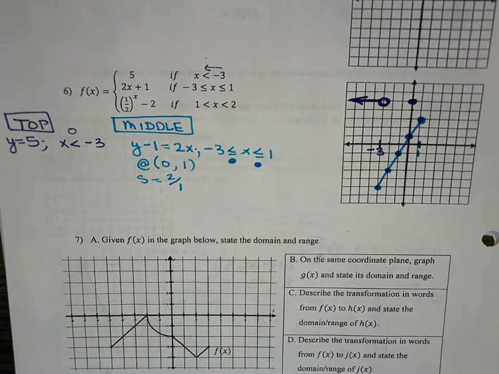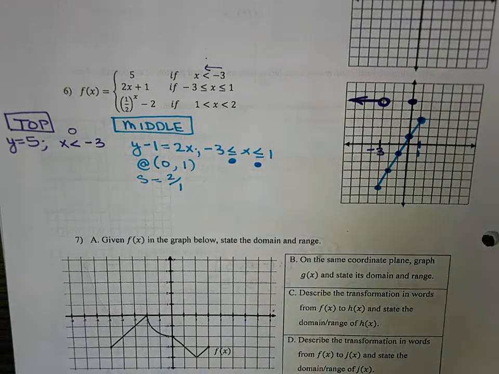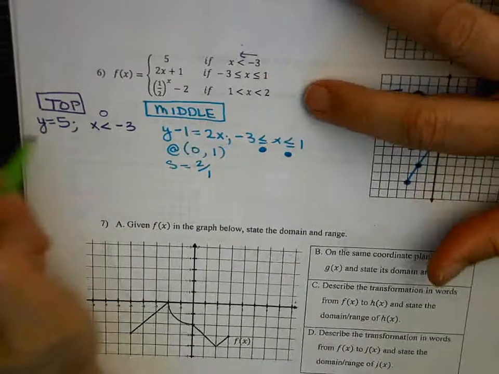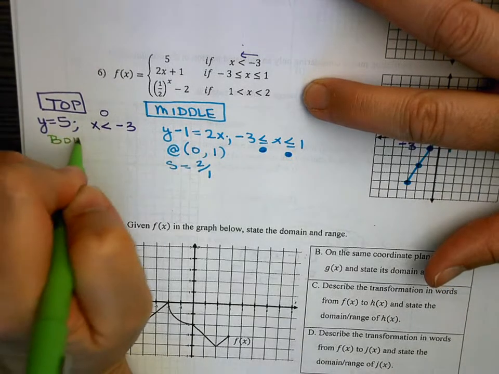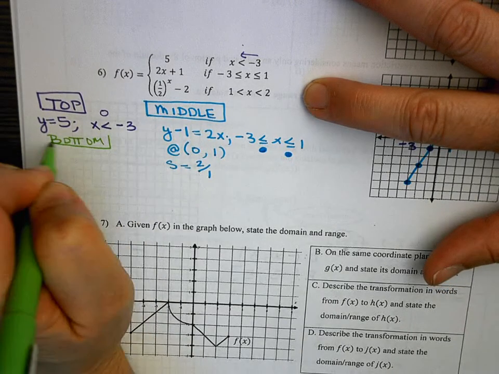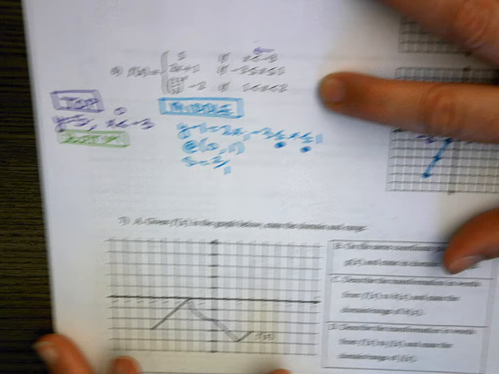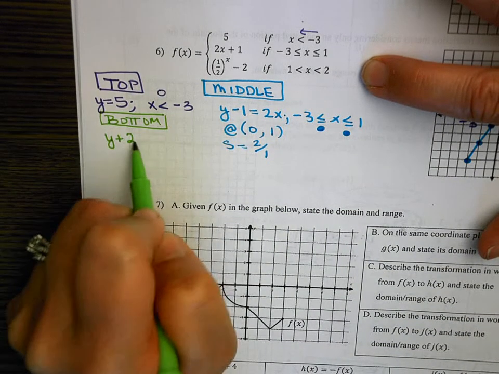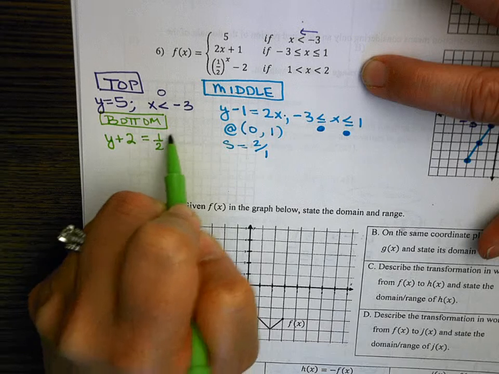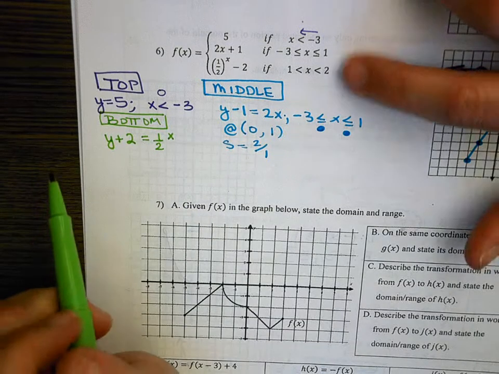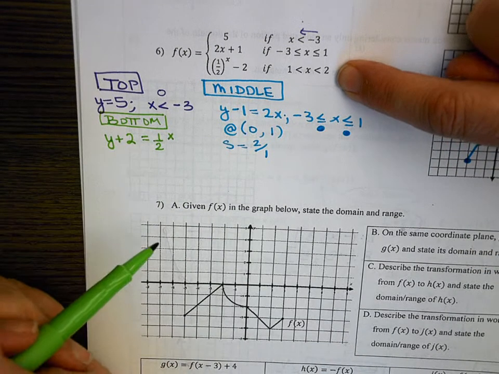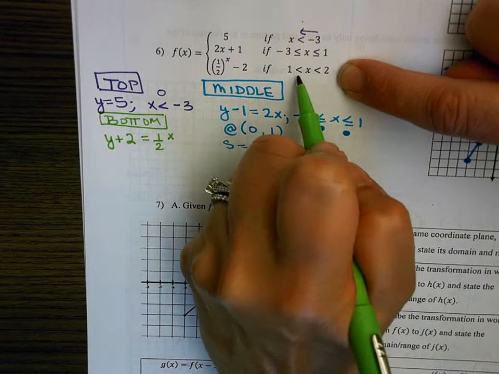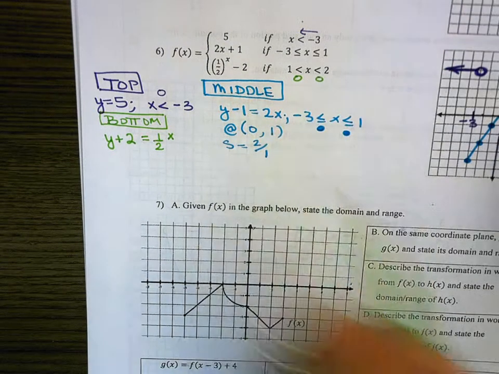And then I have one more graph to do, the bottom one. So I'm just going to look up here because I'm kind of in a corner there. So these are both going to be open dots, and I'm only going from 1 to 2.